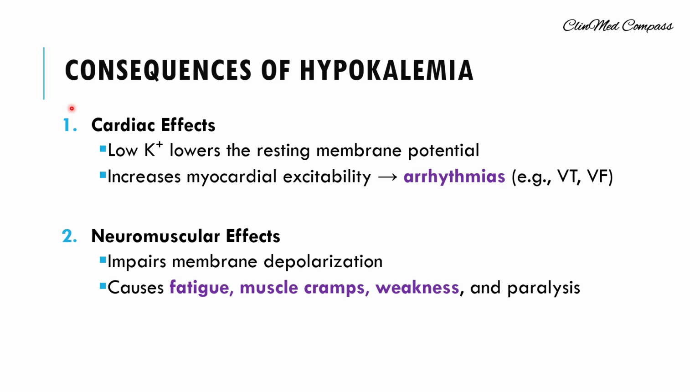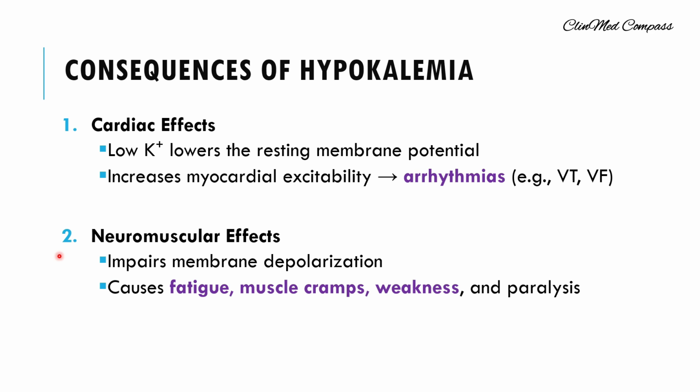Now, we want to look at the effect of hypokalemia in the various body organ systems. First, we look at the cardiac effects. Low potassium lowers the resting membrane potential, which increases the risk of arrhythmias like ventricular tachycardia and ventricular fibrillation. Second is the neuromuscular effects.